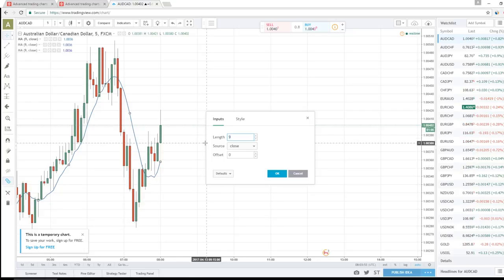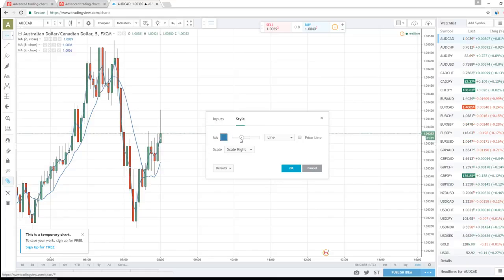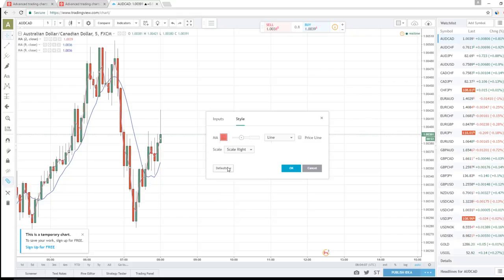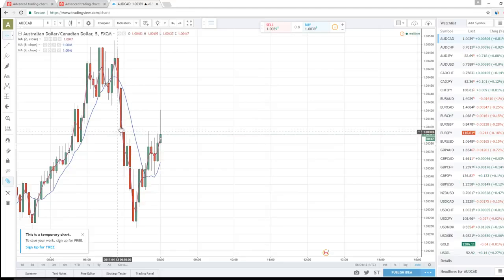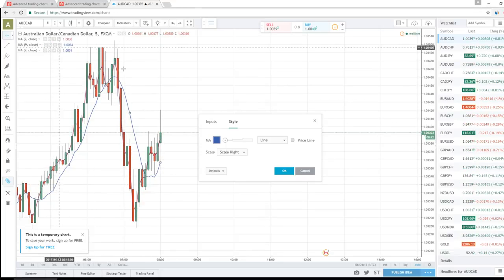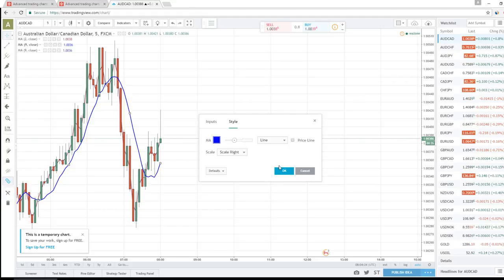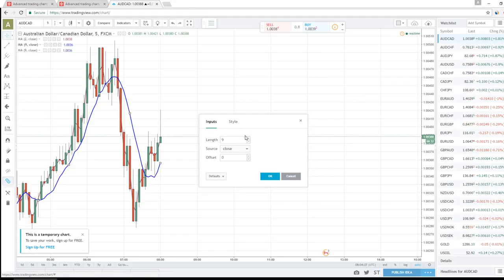Let's use a different time frame for them and make them in different colors. Not red. Let's say these purple. These gonna be blue.